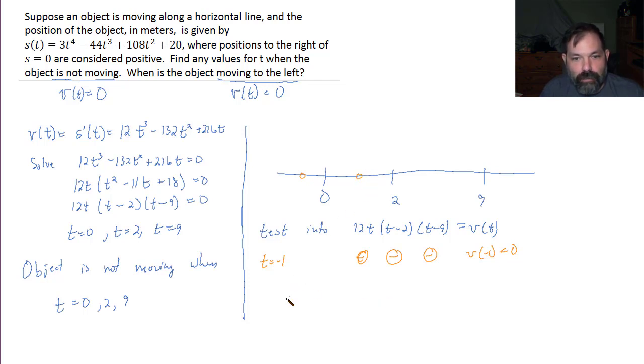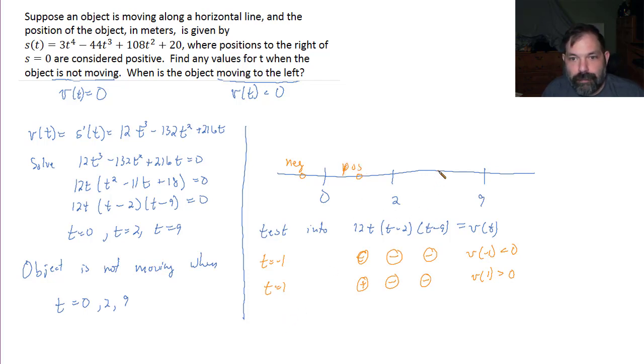Let's test positive 1. 12 times 1 would be positive. 1 minus 2 would be negative. 1 minus 9 would be negative, so that would be positive. So v of 1 would be positive. So this was negative. This was positive.